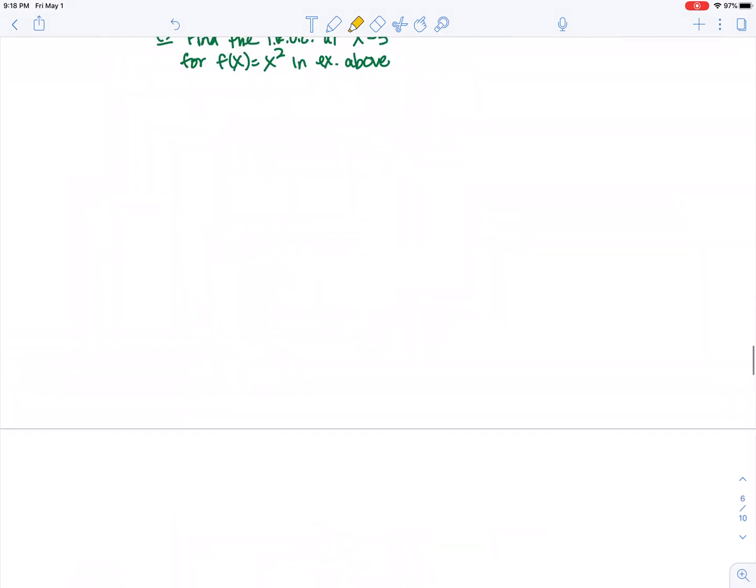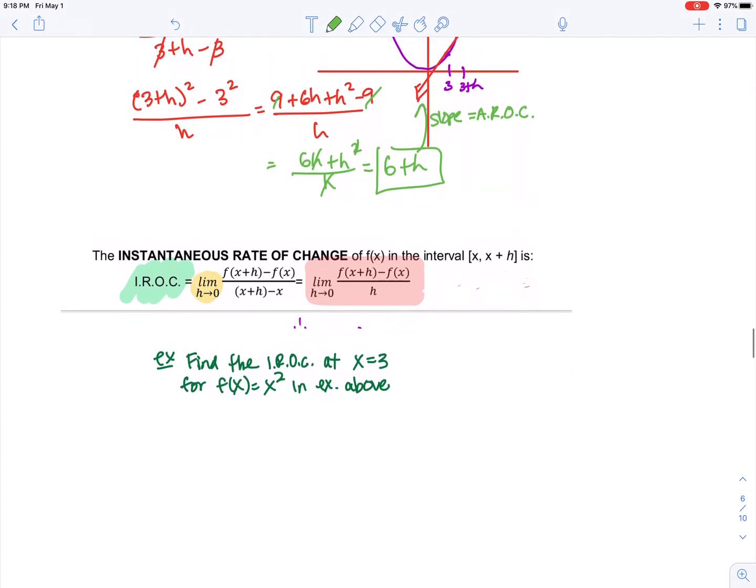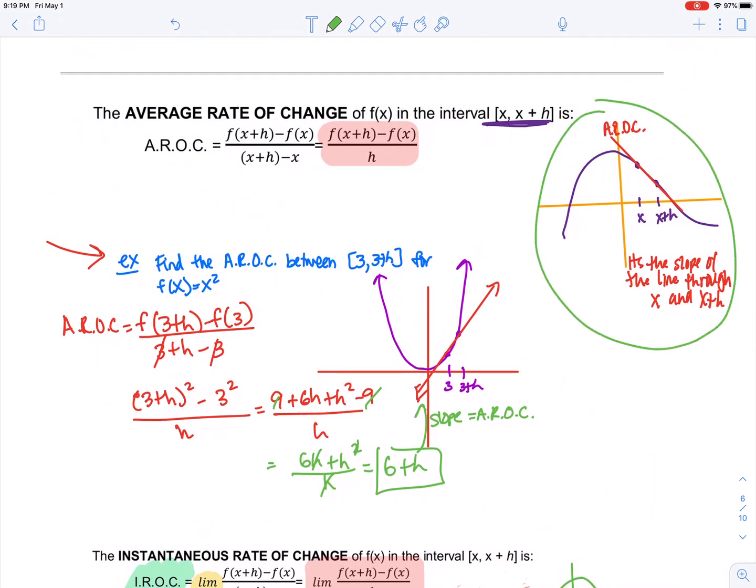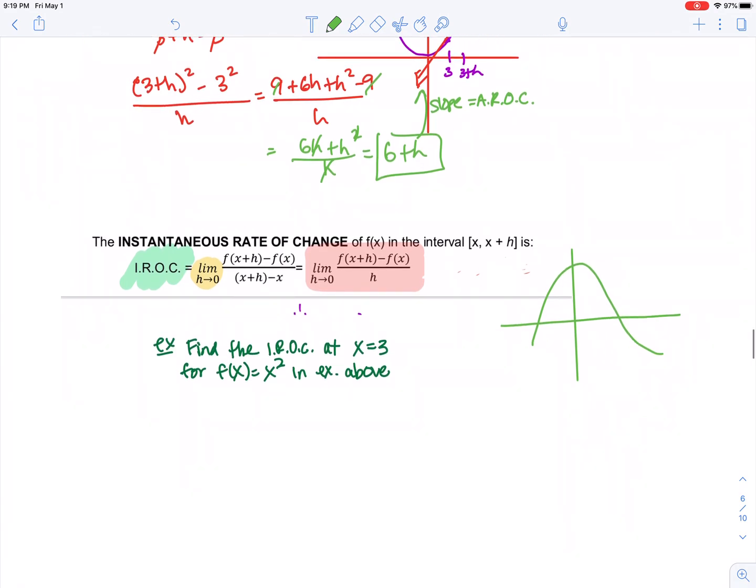So when we go back to here, let's use that same example. Let's draw a picture too before we go on to that example. Remember that graph that looked like this right above? The only difference is that for the instantaneous rate of change, the interval from x to x plus h has h equal to 0. So we're actually just finding the slope of the line at x that's basically tangent to the graph.